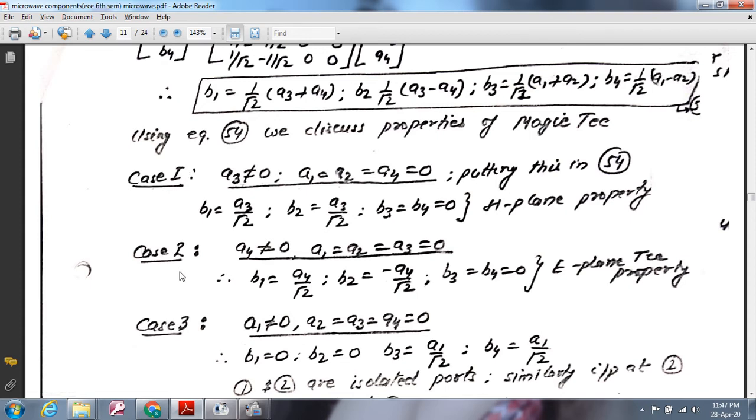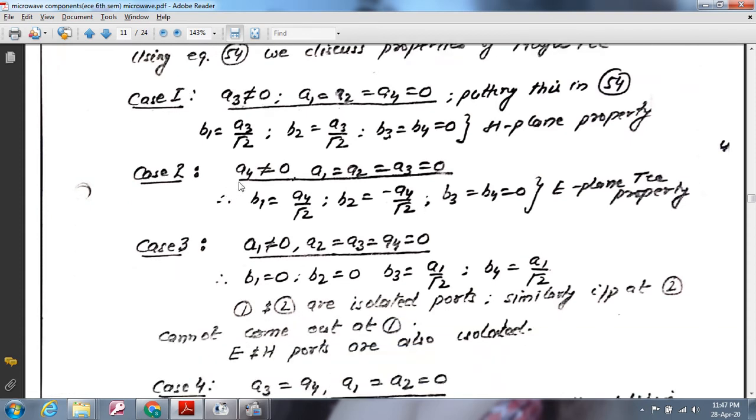Now we see case number 2, where we are having input at port number 4. Our fourth port was the E port. We are having input at the E port. The rest of the ports are 0. A1 is 0, A2 is 0, A3 is 0, no input at 1, 2 and the third port.